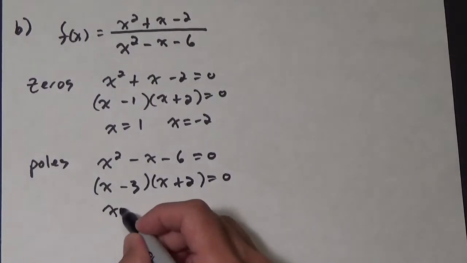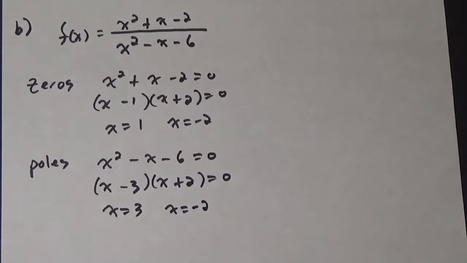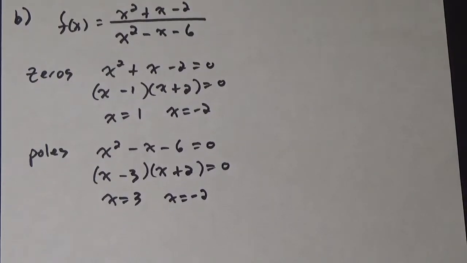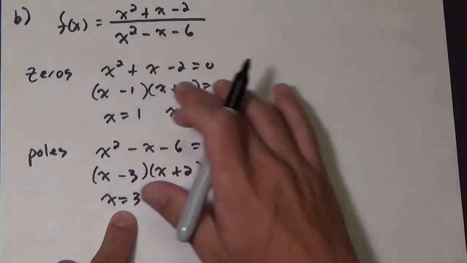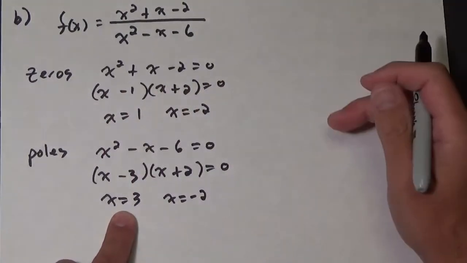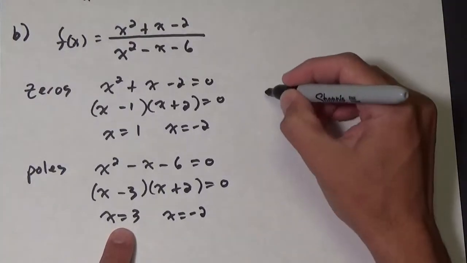And so we end up with x equals 3 and x equals a negative 2. Okay, so in this one, we have an x equals 3, but there's not an associated 0. So as in the previous problem, we know that this is a vertical asymptote.